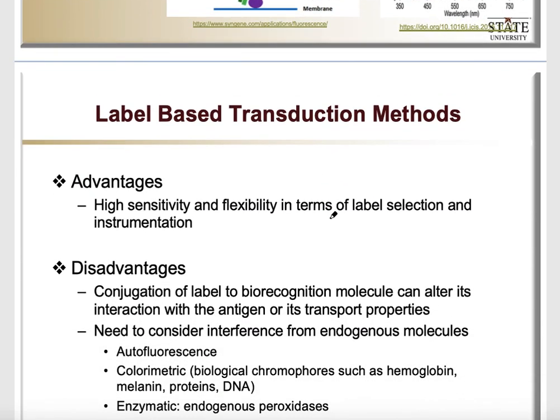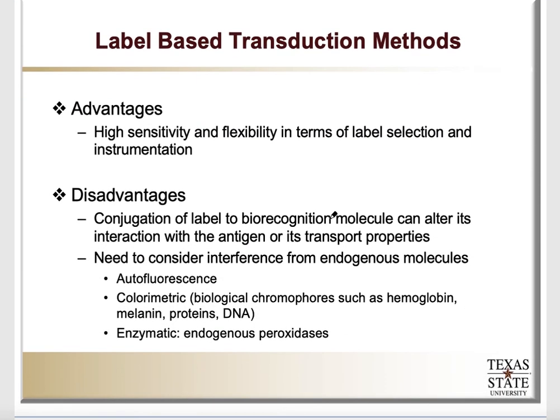All right, so what are the advantages of label-based transduction methods? Well, the first thing is the high sensitivity. The second is the flexibility in terms of the label selection and instrumentation. For label selection, as I mentioned, you have fluorescent ones, you have enzymes, you have different substrates for those enzymes, and you're going to find hundreds of companies that sell these various agents already labeled, or even labeling kits for you to do this yourself.